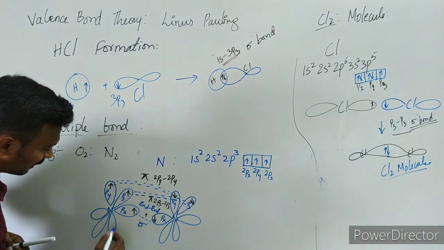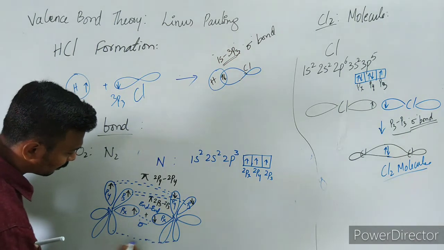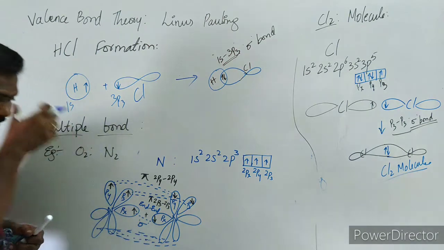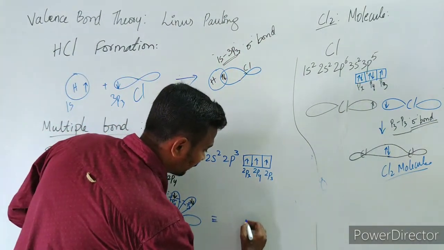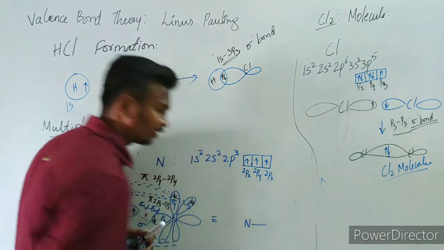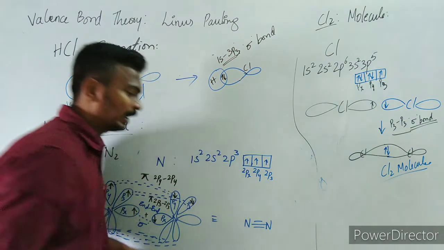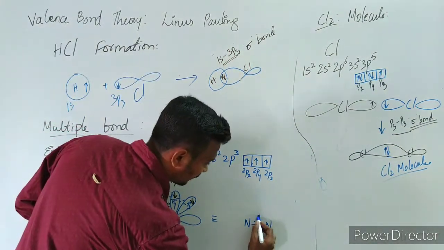So this kind of overlapping will lead to the pi bonds. So now the nitrogen molecule will be formed with one sigma bond between the 2 nitrogens and pi bonds surrounding that sigma bond.